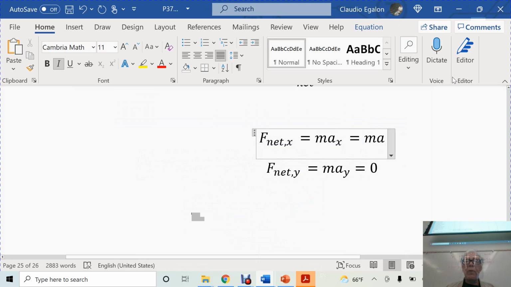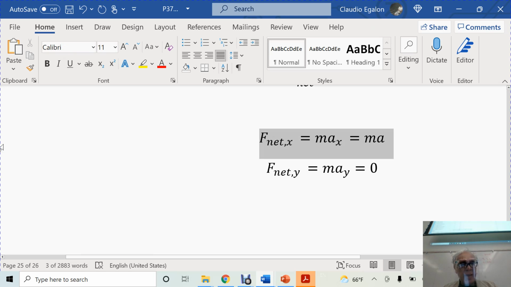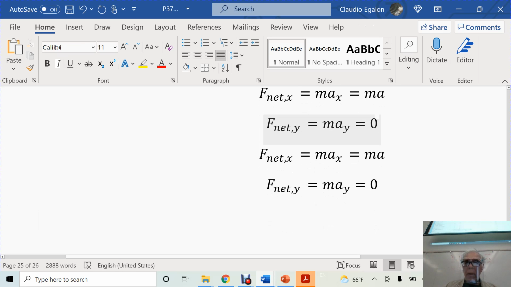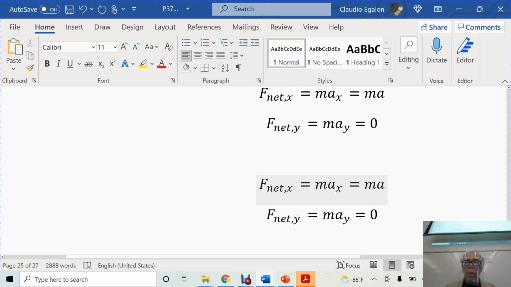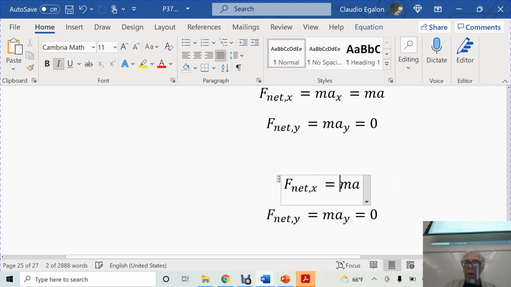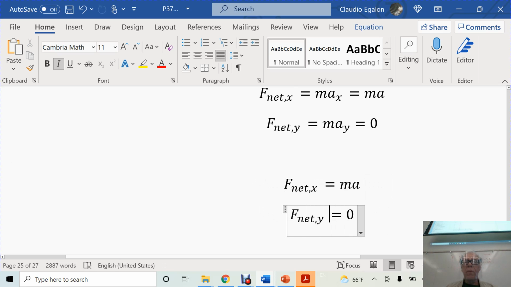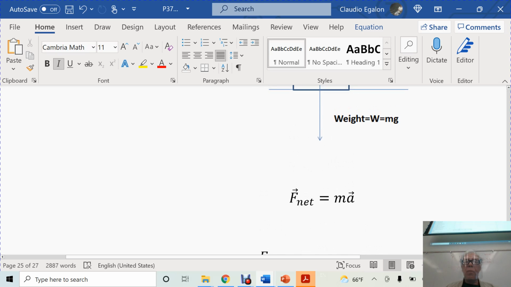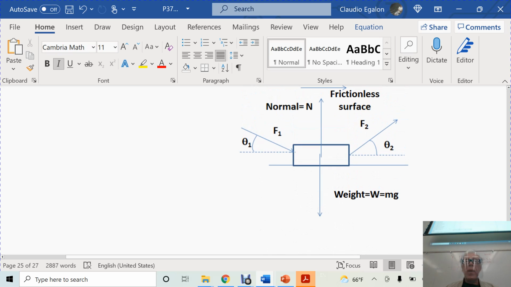Okay, so the acceleration of the mass we can get from this equation here. But first we have to identify the forces in the x and y direction. X component of the forces: F1 cosine theta 1, F2 cosine theta 2.